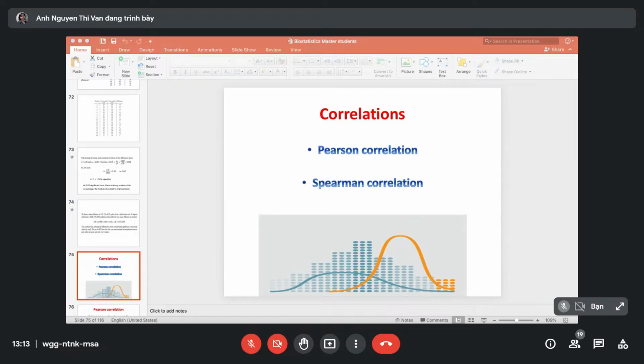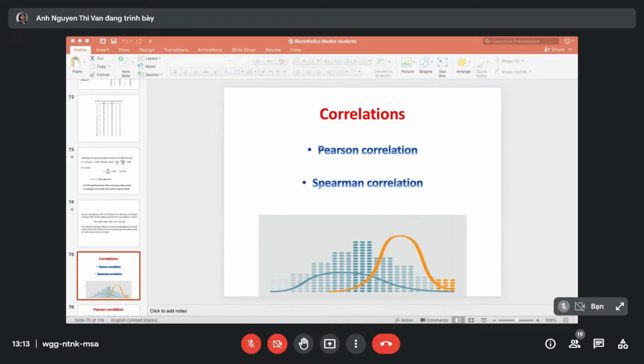Can you explain what a negative correlation means? A negative correlation means that when one increases, the other decreases. When one variable increases, the other variable will decrease, right?